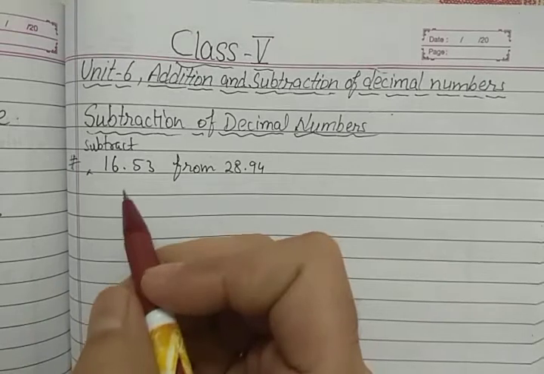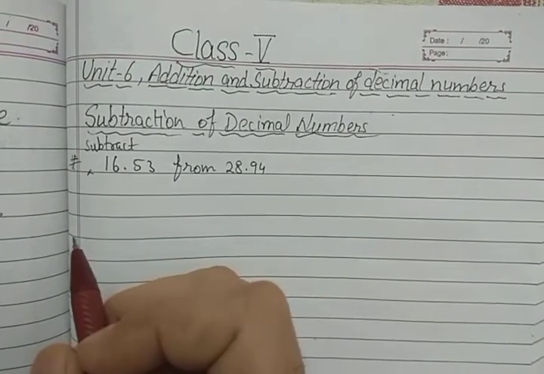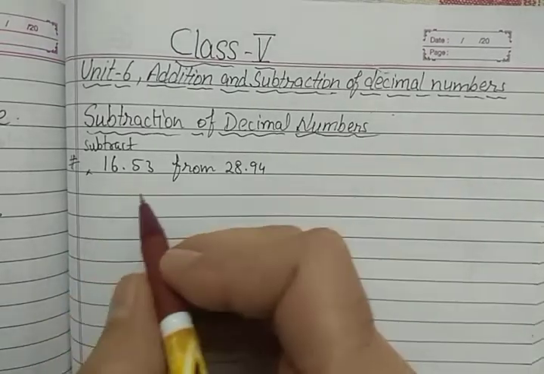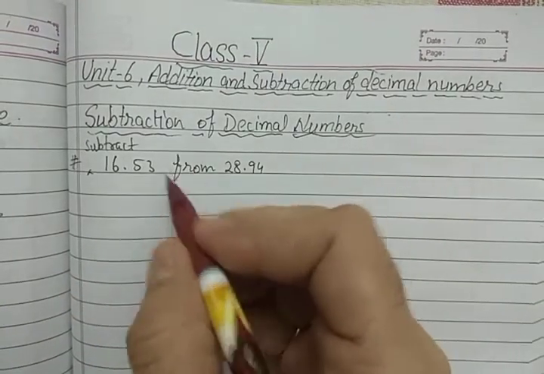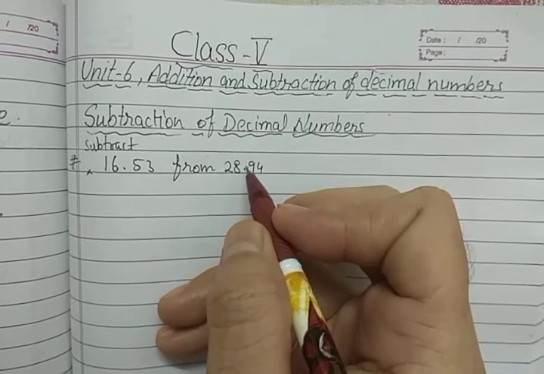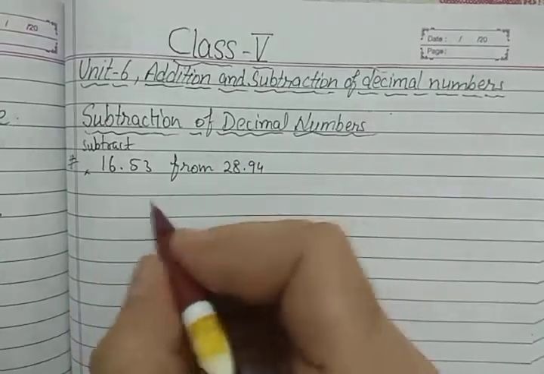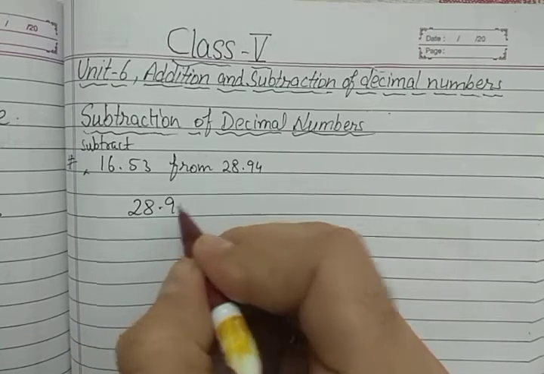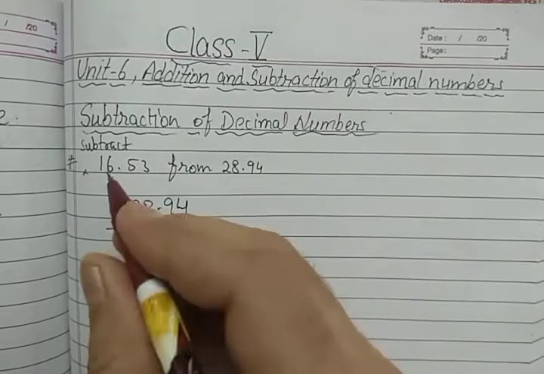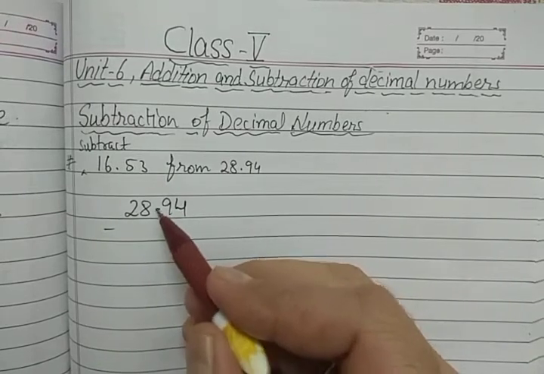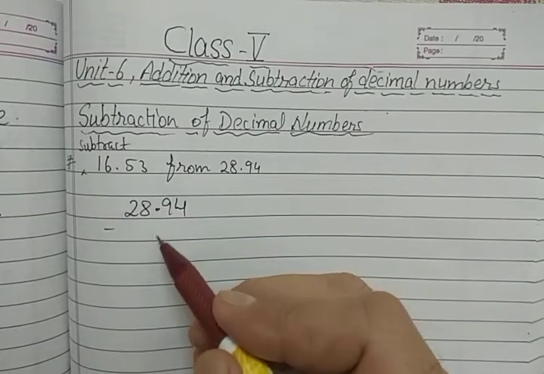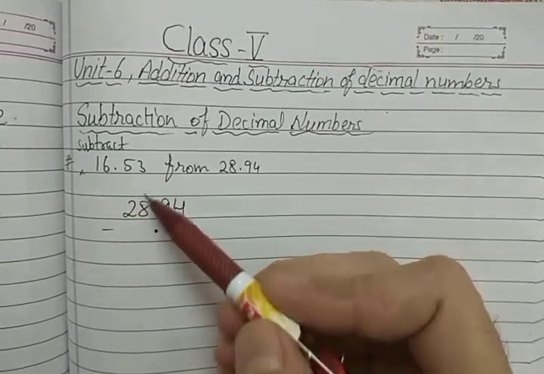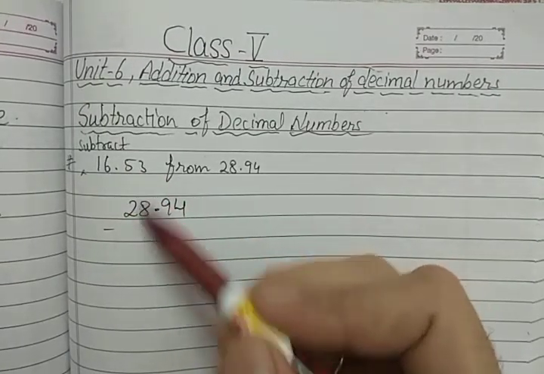First of all, we will arrange these numbers in columns properly. When "from" comes in the middle of a subtraction, we take the second number and write it on the top. So 28.94 minus 16.53. The same thing we have to keep in mind: decimal should come under decimal and the places will come under their respective places.